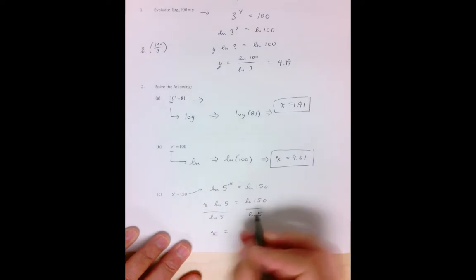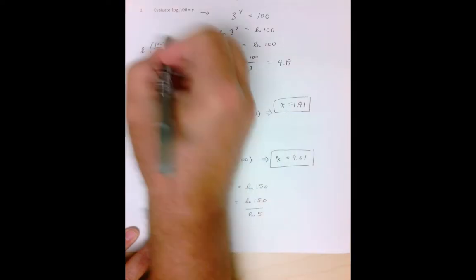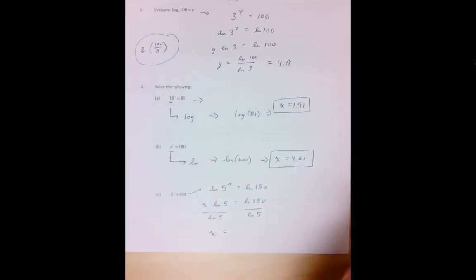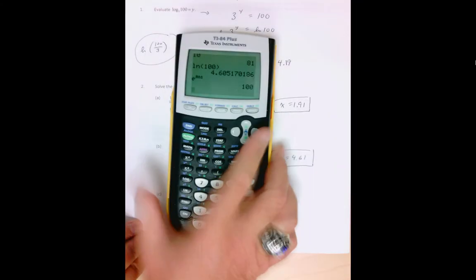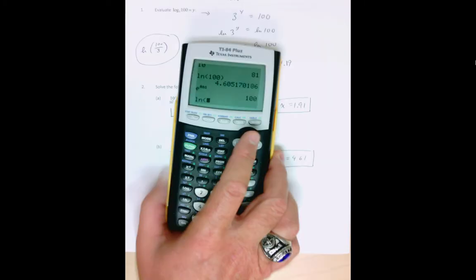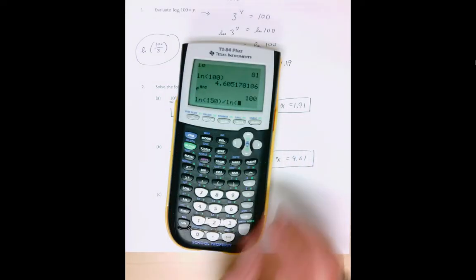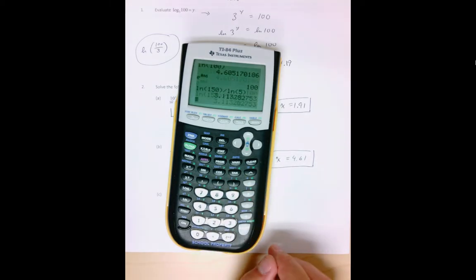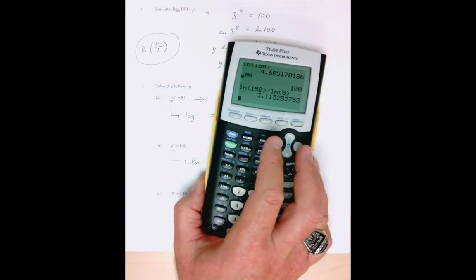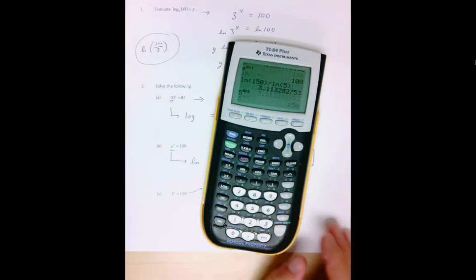So x is going to be the natural log of 150 over the natural log of 5. Don't do anything goofy like this up here, unless you just want to miss the problem. So we'll take the natural log of 150 divided by the natural log of 5. We get 3.11 as our answer, and we can see that 5 raised to that answer does indeed give us 150.